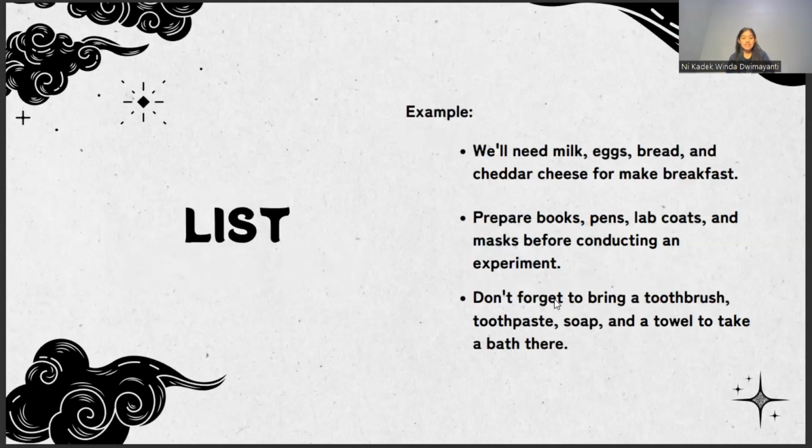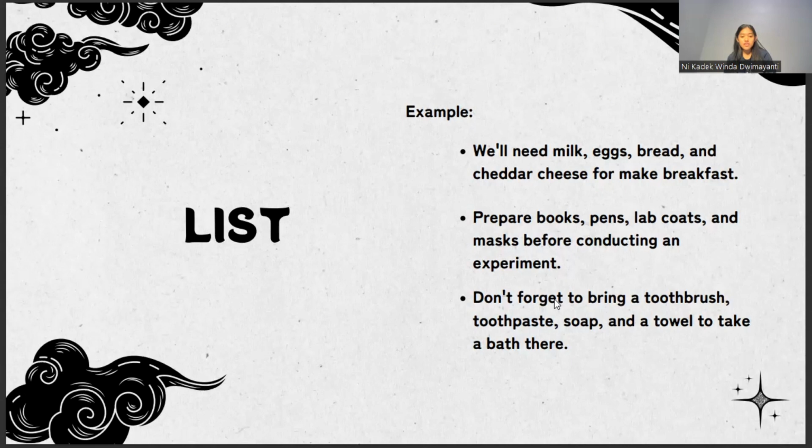The last one is list. As an example of a list sentence, we can look at the second example. Prepare books, pens, lab coats, and masks before conducting an experiment. The words books, pens, lab coats use rising intonation.